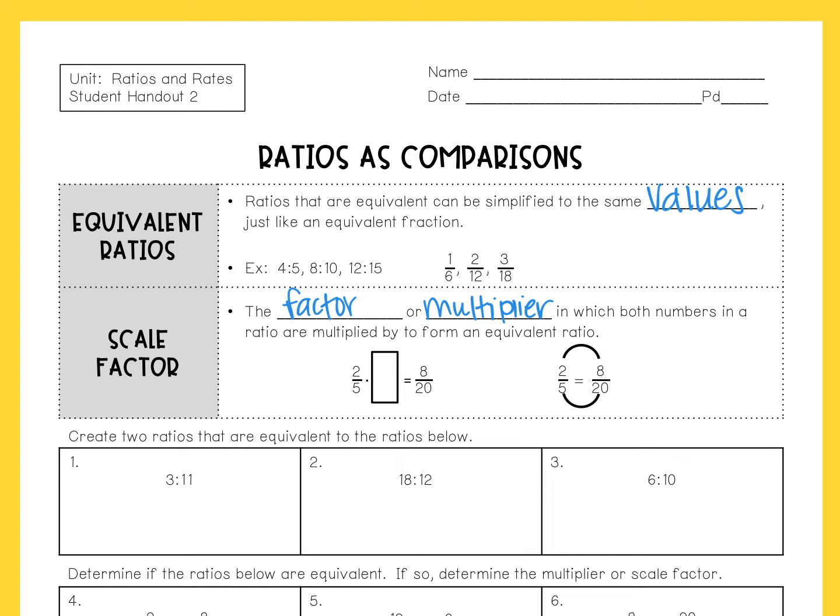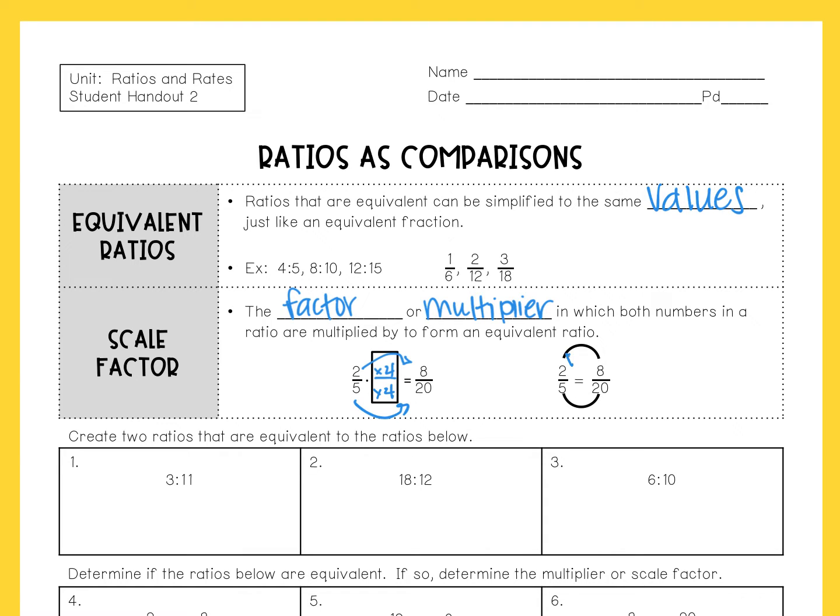For example, 2/5 is equivalent to 8/20 because we can multiply 2 times 4 to get to 8. And if I do it to the top, I can do it to the bottom. So 5 times 4 is also 20. So that makes 2/5 and 8/20 equivalents.